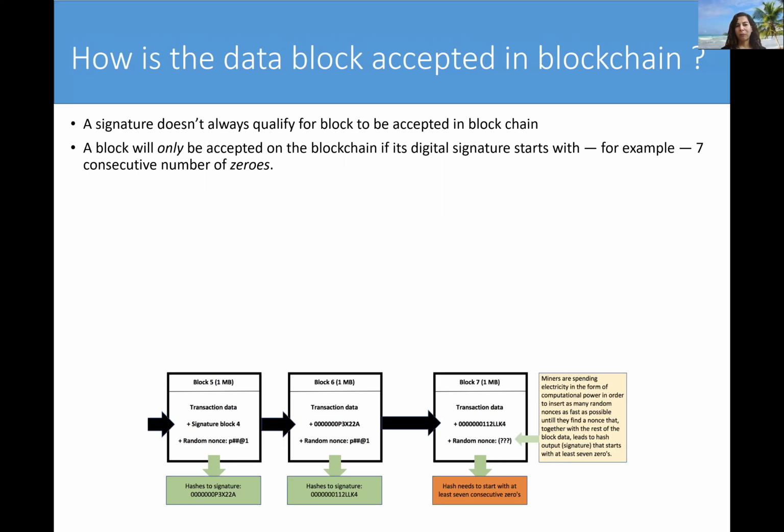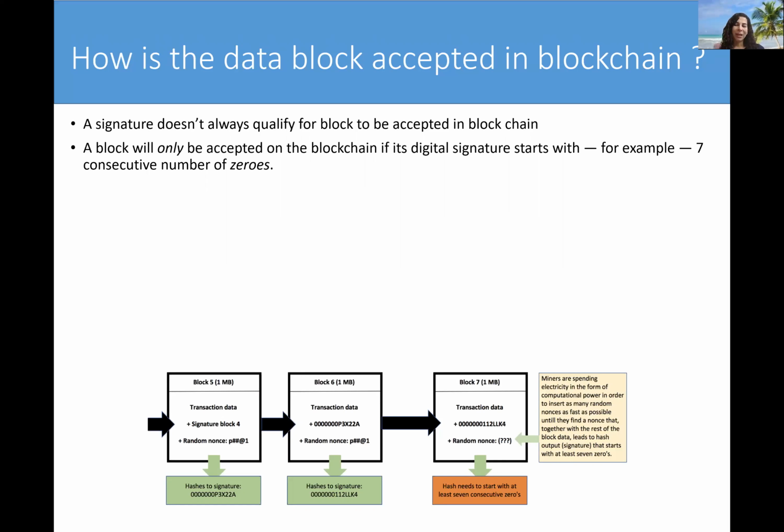So first of all, a block will only be accepted if the digital signature starts, for example, in this example, with 7 consecutive zeros. And what that means is that the signature should be smaller than a certain value, because this is in the hash domain, where we don't have any control over what values are being generated.